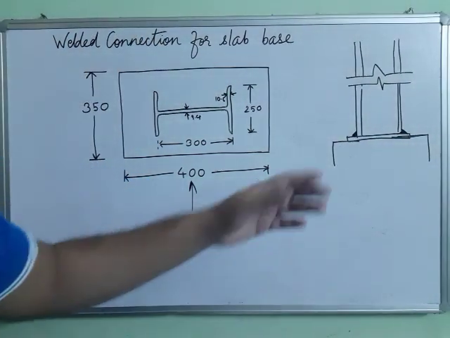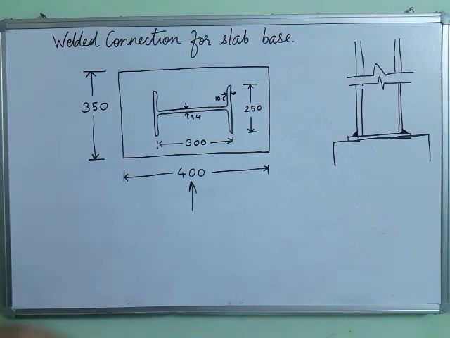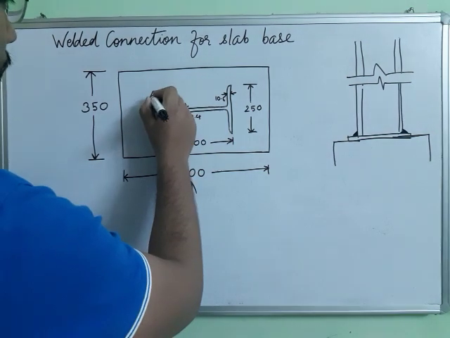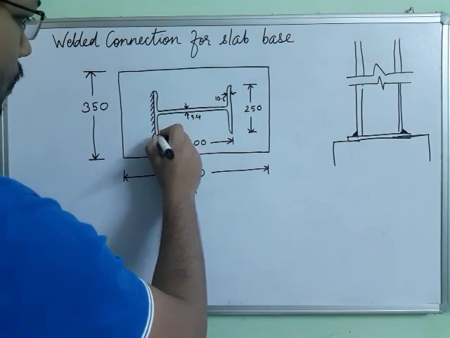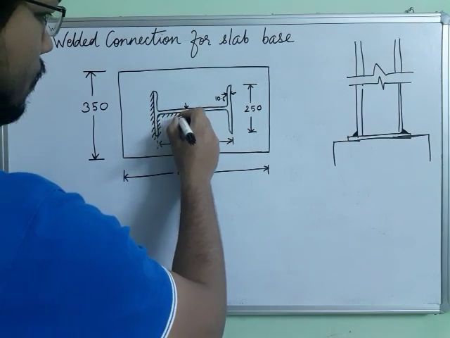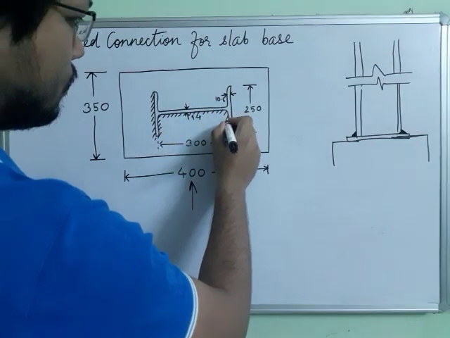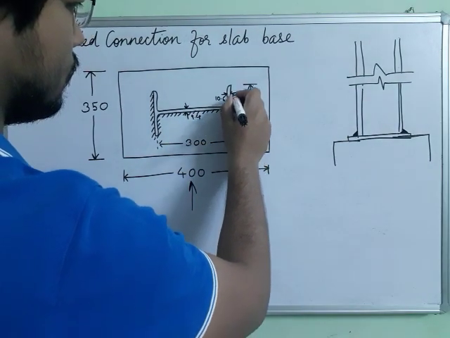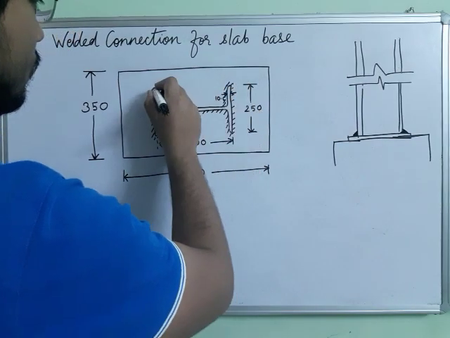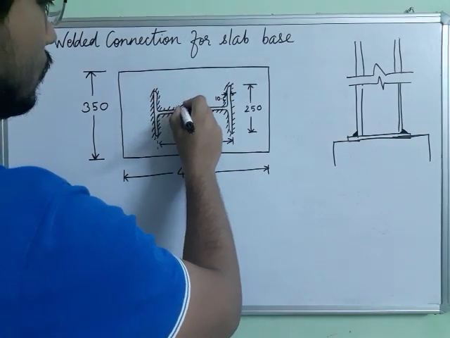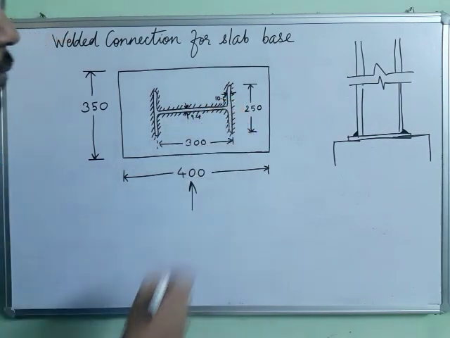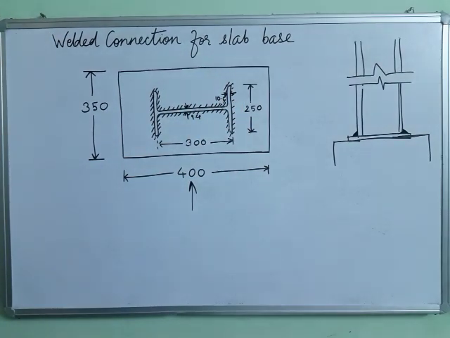So for welding, we can directly design it. Now first of all, we have to know how much length is available for welding. So let us calculate it. So this much of length is available for welding.